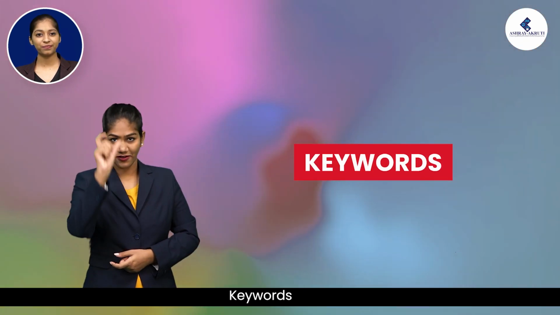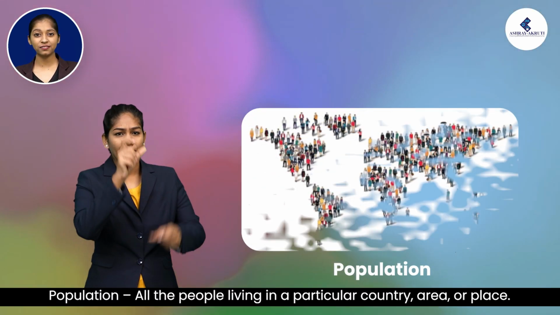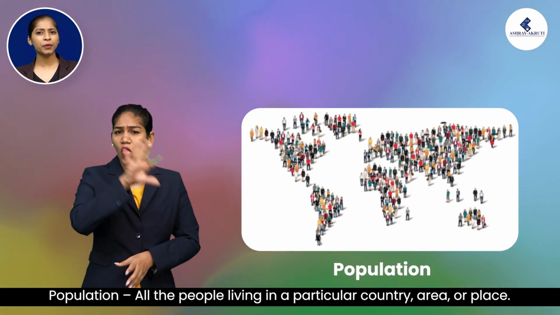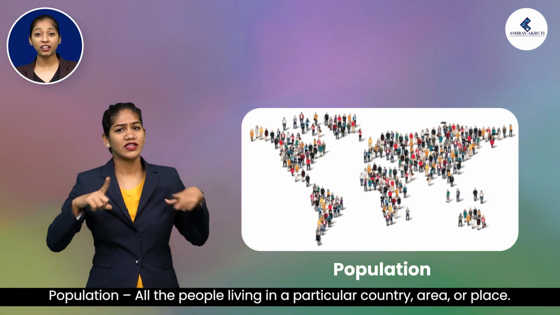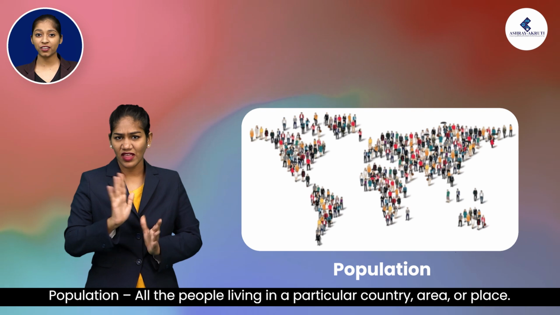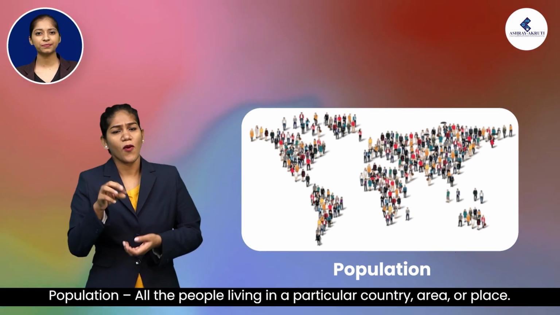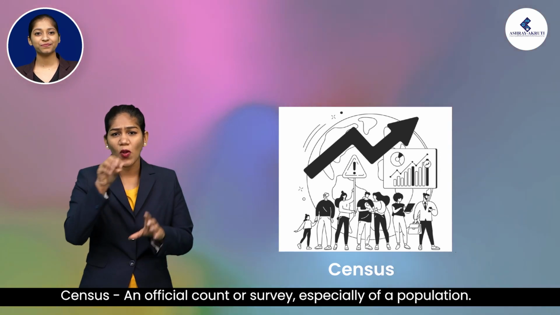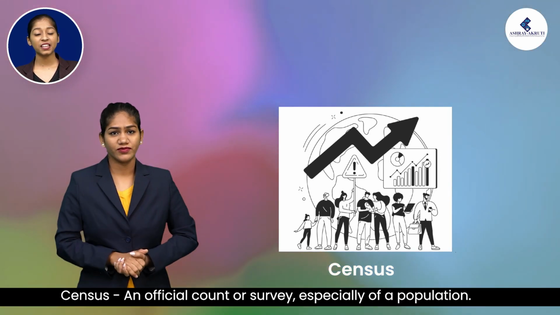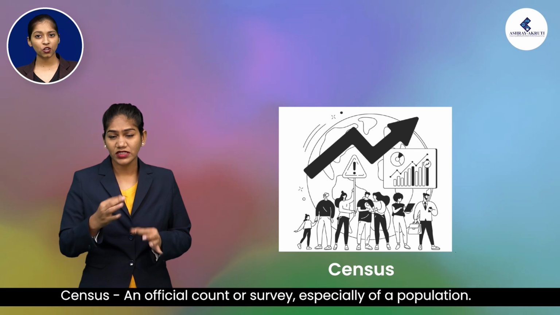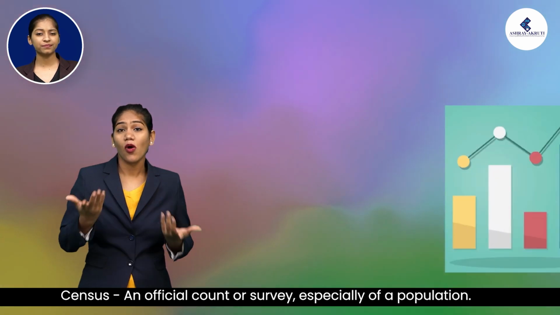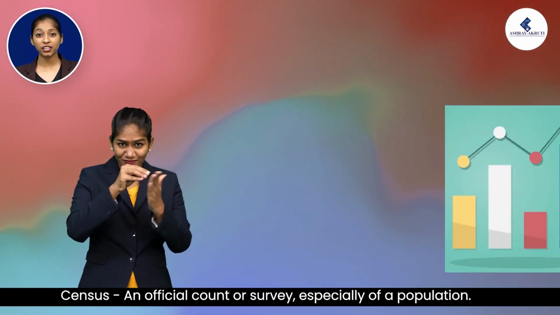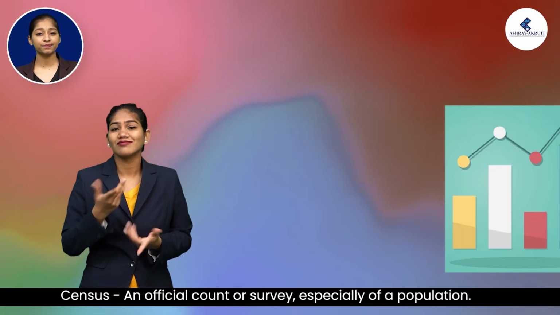Keywords. Population: all the people living in a particular country, area or place. Census: an official count or survey, especially of a population.